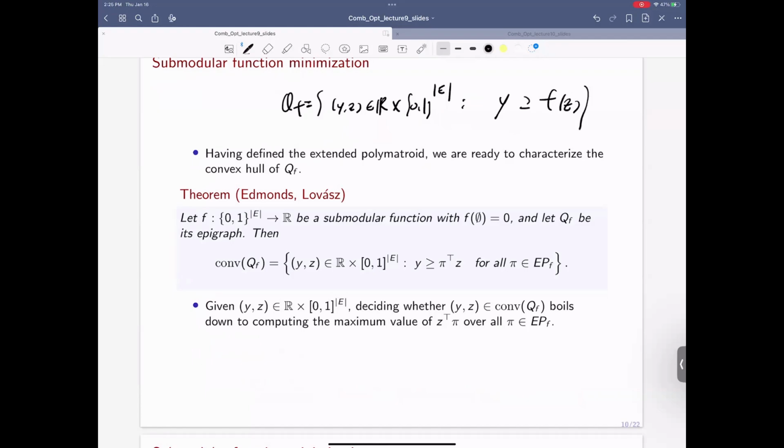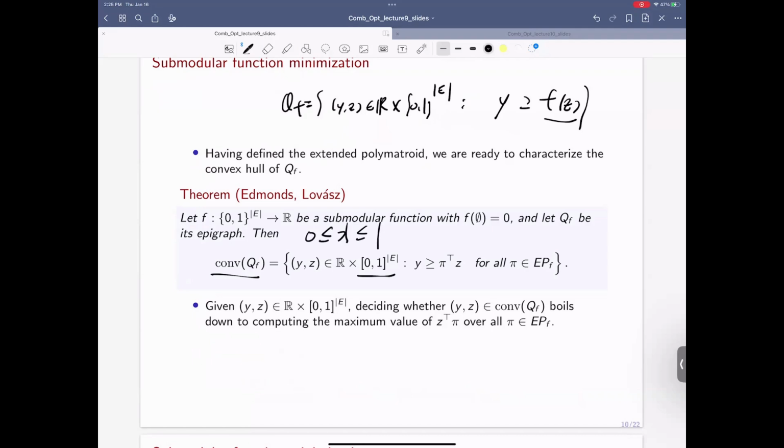This is a mixed integer set, where f is possibly a nonlinear function, but its convex hull can be described by first replacing the 0-1 constraint by bounds on the z variables.